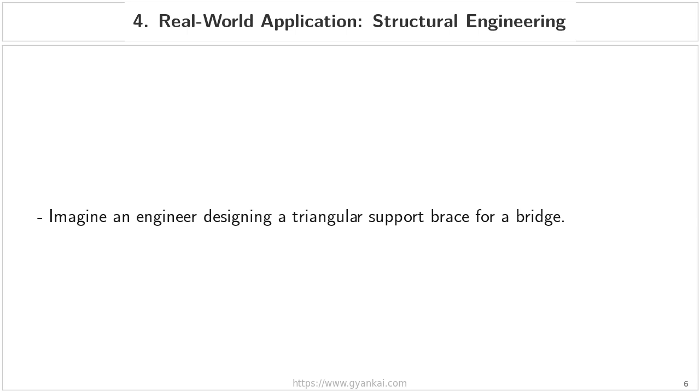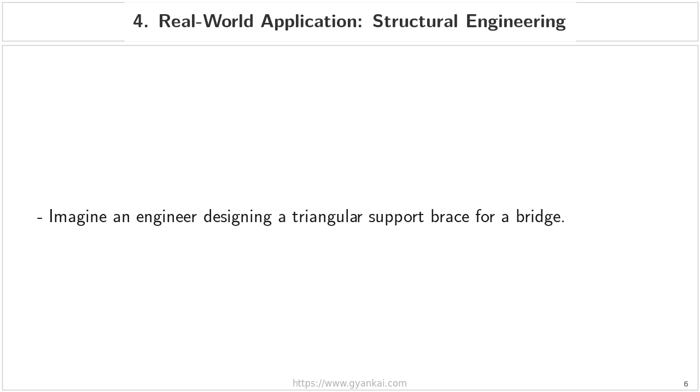4. Real-world application, structural engineering. Now that we have understood the theoretical difference between how we treat general polygons and triangles, let's look at how this mathematical principle actually works in a real-world scenario, specifically in structural engineering. Imagine an engineer who is tasked with designing a triangular support brace for a bridge.